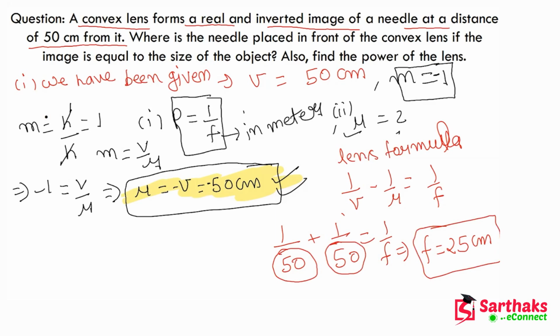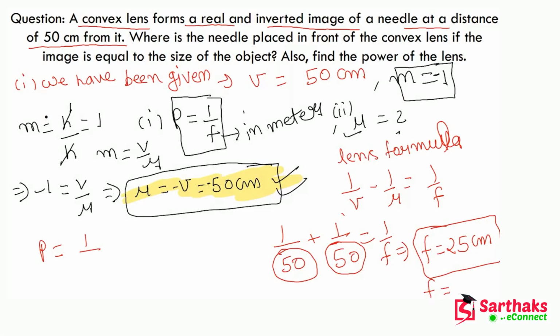Now you have to calculate the power. So for power, you will simply put this value, but you cannot directly put it because here the values are put in meter. This is not in meter, this is in centimeter. So first of all, you have to convert it into meter. What you have to do to convert it into meter?